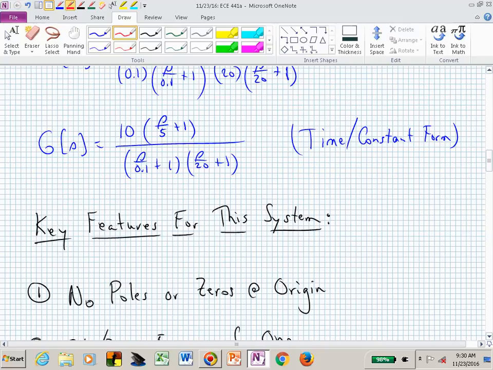Now if you let omega get really, really big, what's the angle? Now you have j big plus 1. It's now 90 degrees, and since it's in the denominator, it's minus 90.